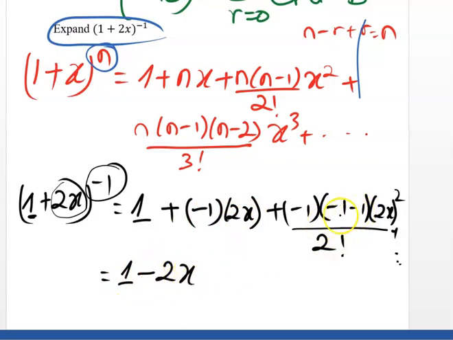Negative 2 times negative 1 is positive 2, divided by 2 is 1, then (2x) squared is 2 squared x squared. So we have 1 minus 2x plus 4x squared plus so on. We always put three dots because we cannot list all the terms.